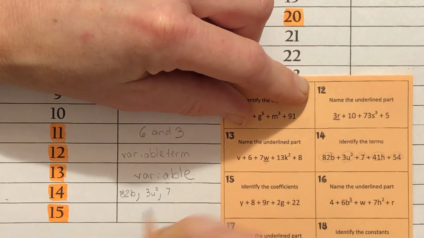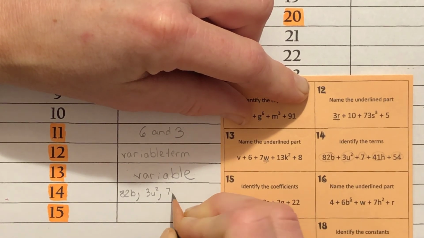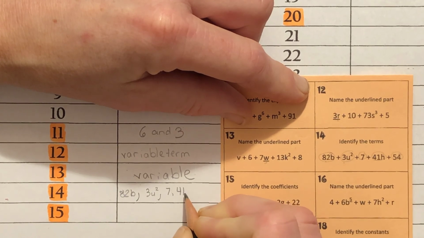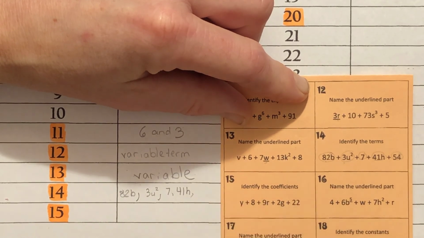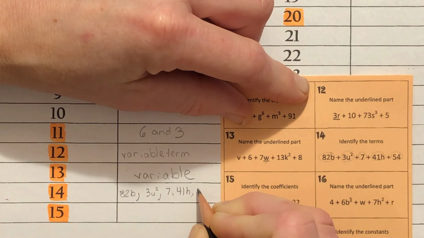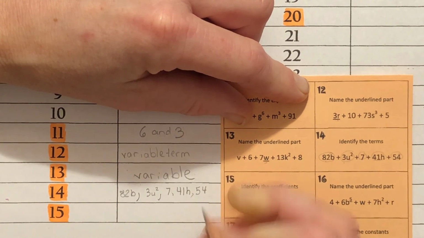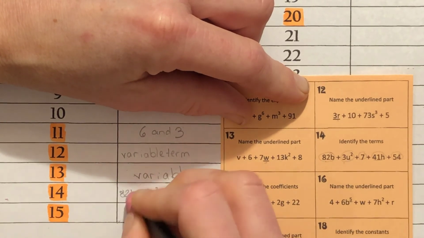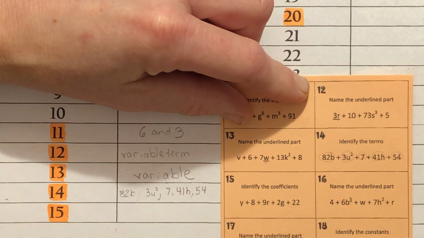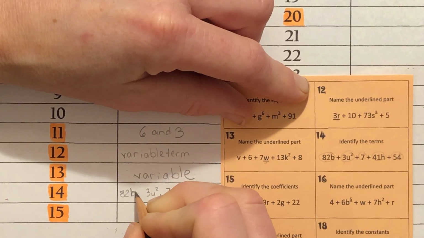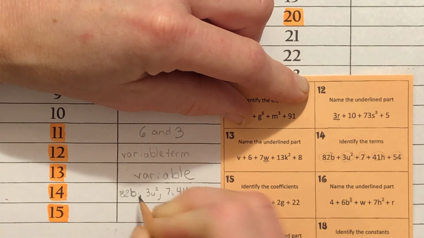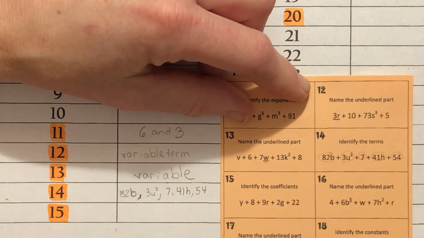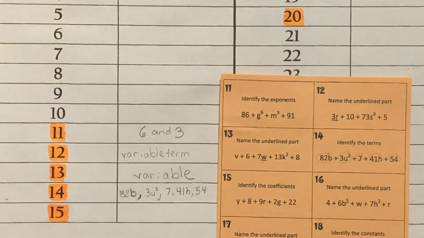I might erase that. 7, 41h, and 54. I'm going to make this comma a little bit smaller. It could pass for a J, it's so big. There. Okay, so those are our terms.